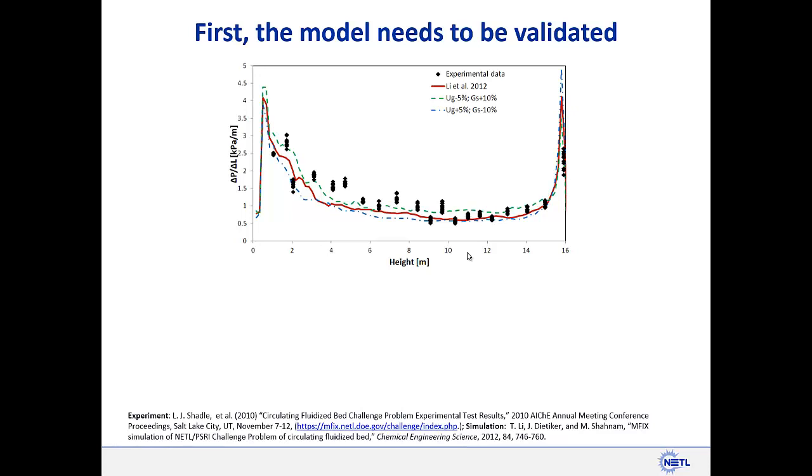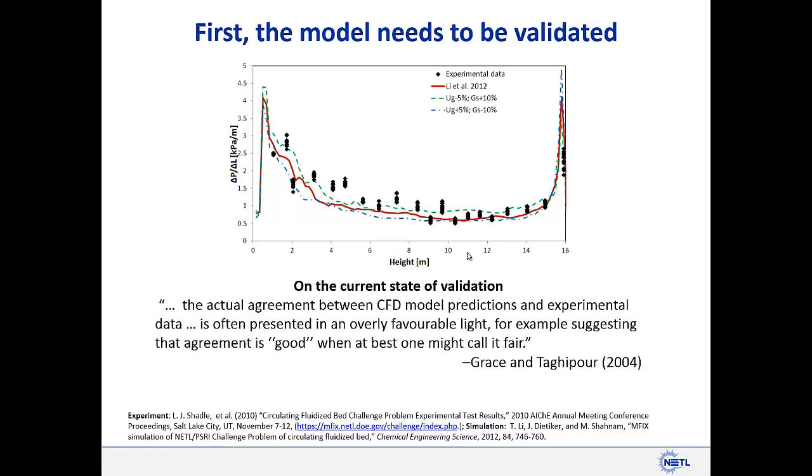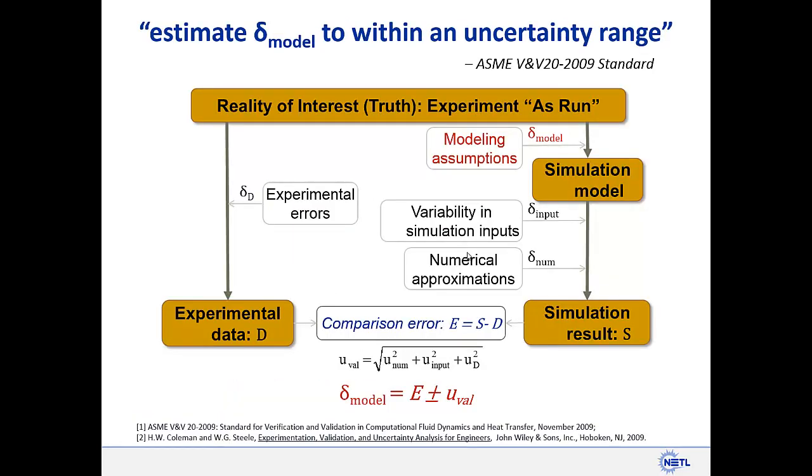So the first answer is from ASME. ASME in 2009 said that the objective should be to estimate what's called the delta model, I'll explain what that is, within an uncertainty range. They pictorially show what's going on here.